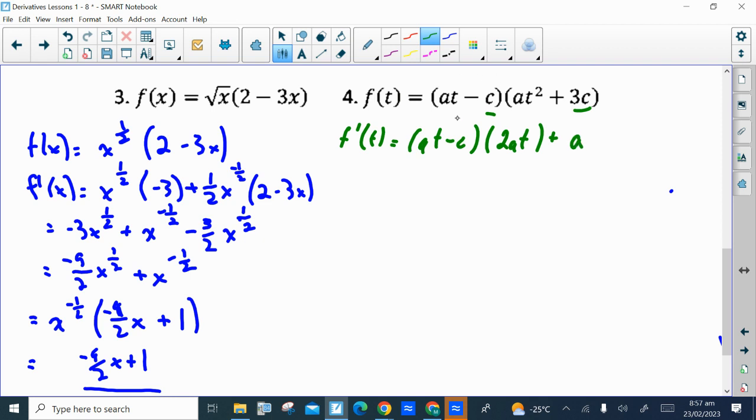Because when you take the derivative of this first factor, again, this is at to the 1. You would differentiate this by using the same law we have been using. The 1 comes in front times the a. The power on t decreases by 1 to 0. T to the 0 is 1, so you just get a. The derivative of the c, again, will be 0 because c is a constant. So there's the derivative of the first factor times the second.